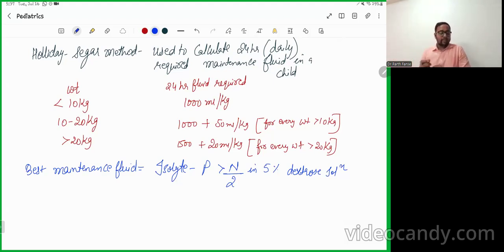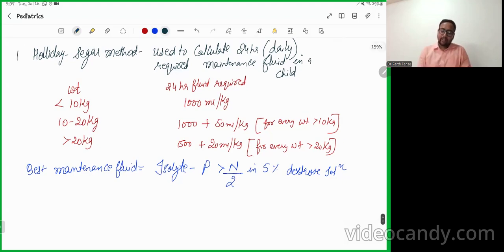Am I done with this thing? So this can come in an MCQ as a numerical question from the Holliday-Segar method. Please make sure you are not going to miss this.